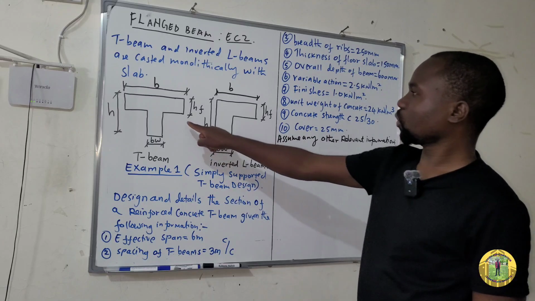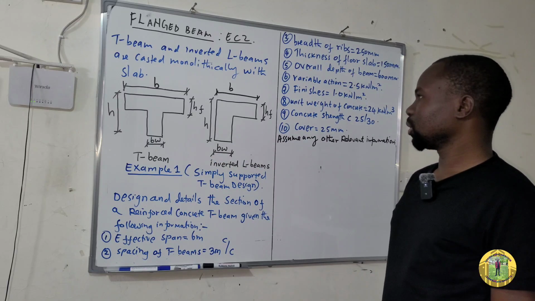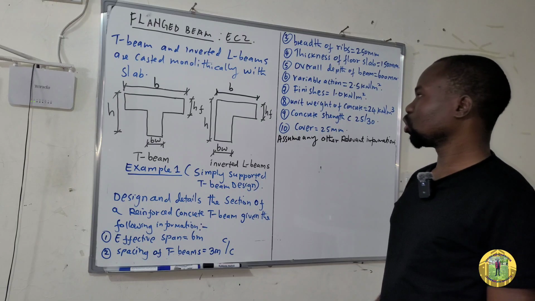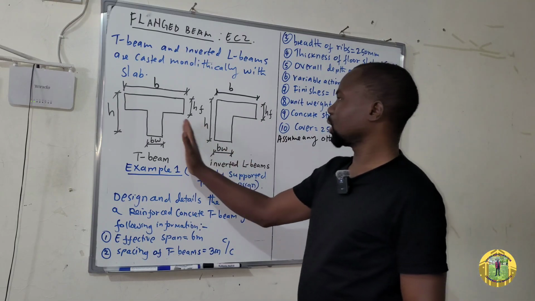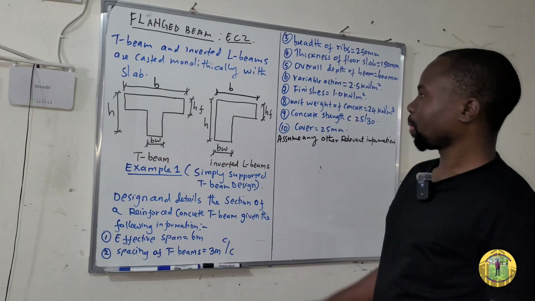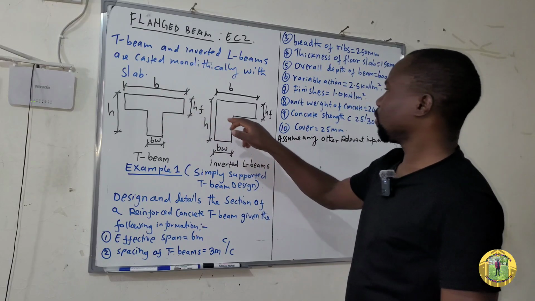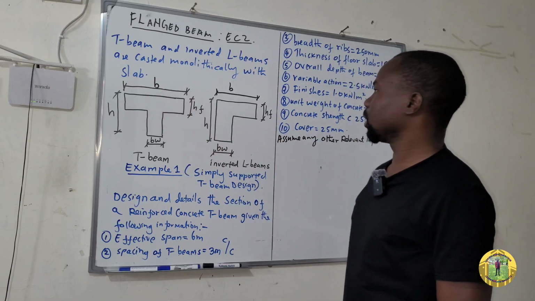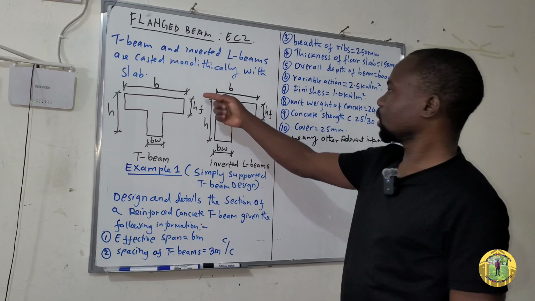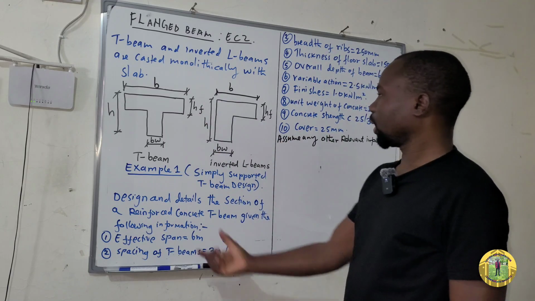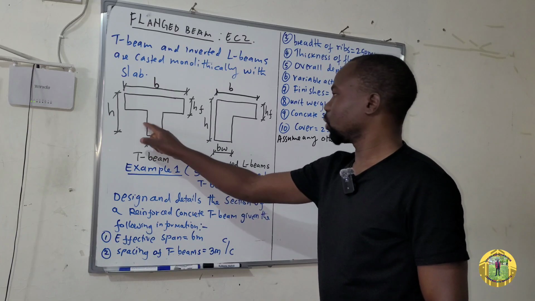So here is a T-beam. As you can see, a T-beam is supporting the slab on both sides, this side and this side. It has a flange of breadth B, and this is the thickness of the slab, hf, and this one is the web.